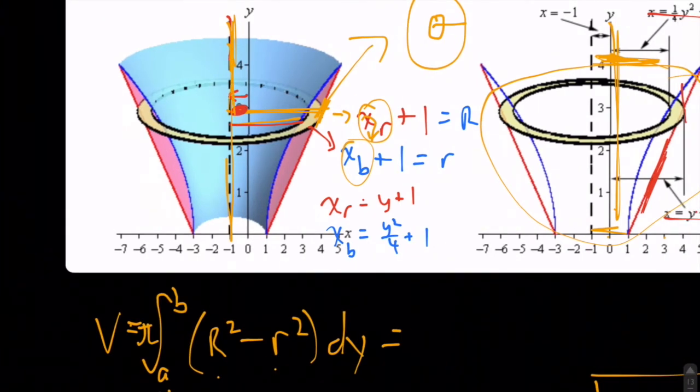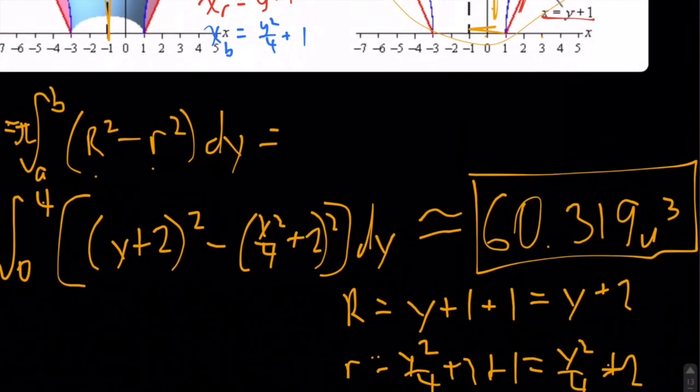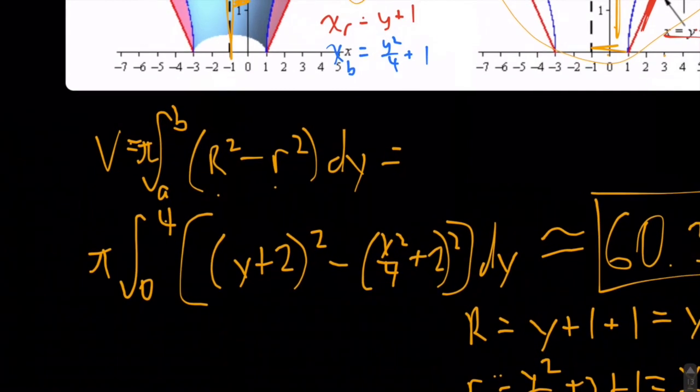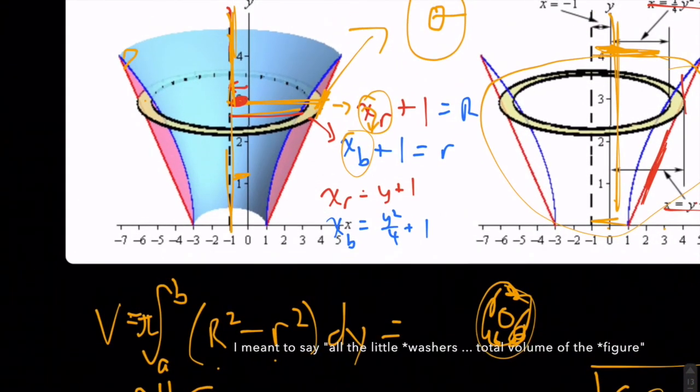And when we find that function, we add 1 to it because this radius is being increased by 1. And what we do is we plug that into the formula which we derived earlier, which is essentially just finding the area of this disk. And we integrate that with respect to y. So we're summing up all the little disks like this until we find the volume of the total solid.